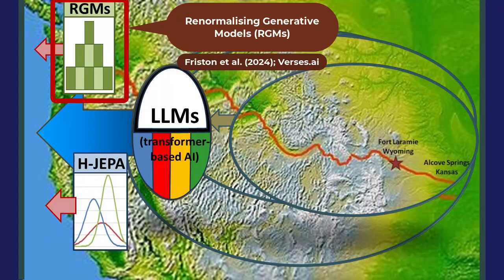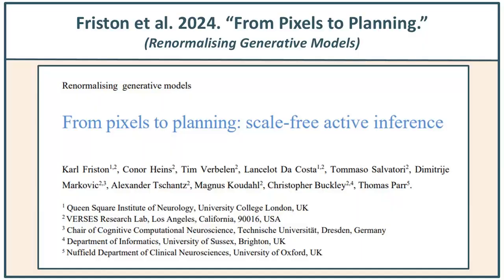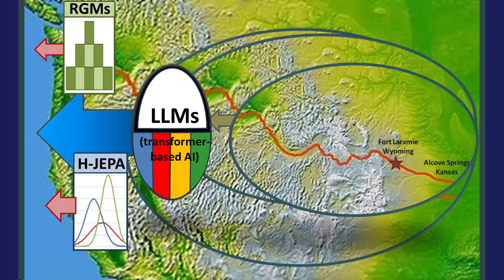They are focused more or less on spatial web, which is an evolution of Friston's active inference. So they're looking at planning. Their most recent work is Pixels to Planning, 2024. This is the whole breakthrough that's causing us to say, okay, now we have some boundary structures on the whole AGI area.